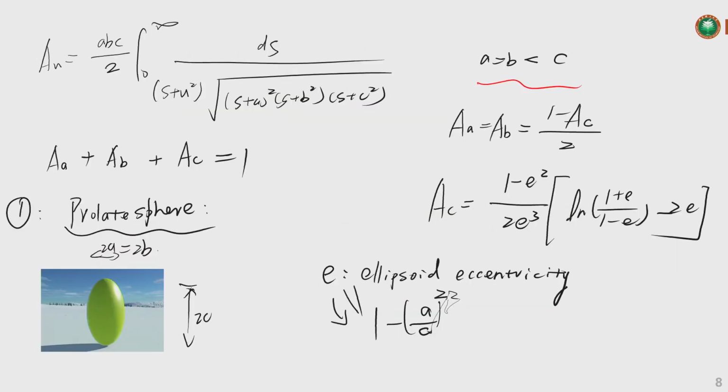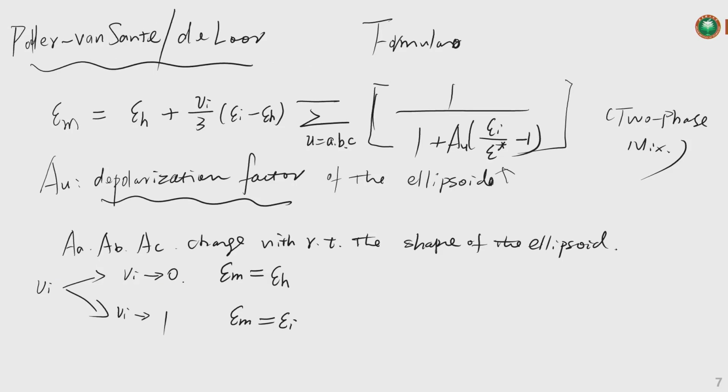Based on these values, we can substitute them into this equation, and then we can calculate the dielectric properties of the mixtures with inclusions inside. So this is a general expression, and we can just assume that if there are some inclusions inside, we can get an equivalent dielectric constant of such a mixture.